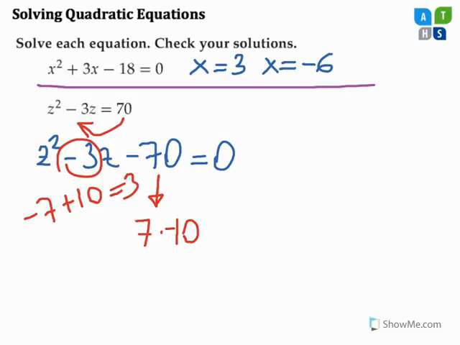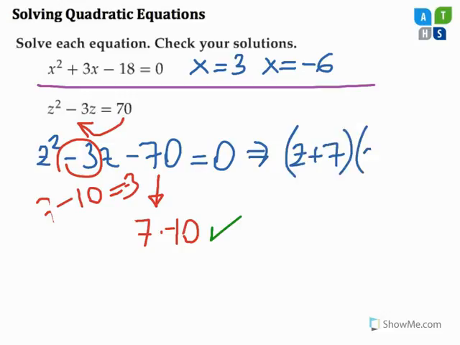In this case I'm going to get 7 minus 10, so I'm going to get minus 3. So 7 and minus 10 are my numbers, hence I'm going to write this quadratic expression as z plus 7 times z minus 10 equals 0.